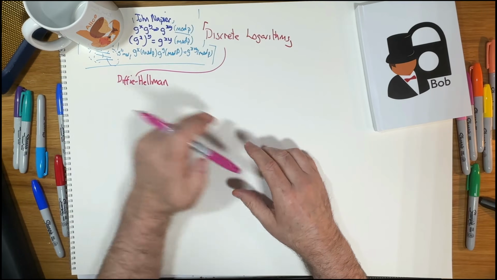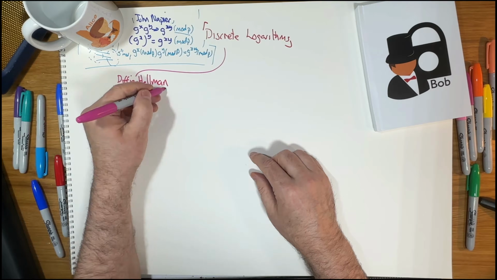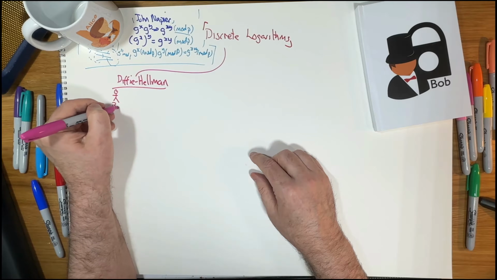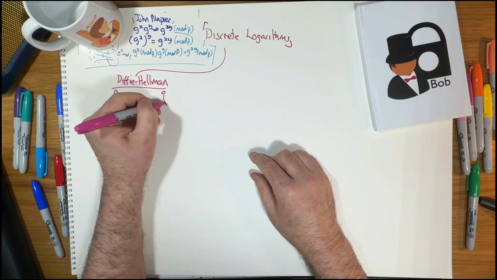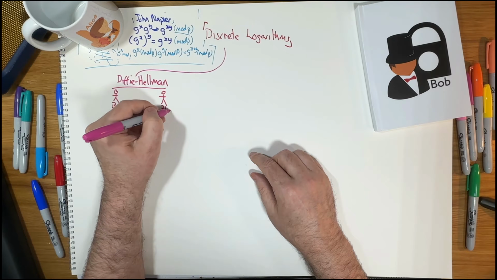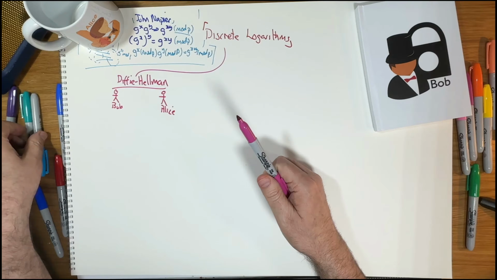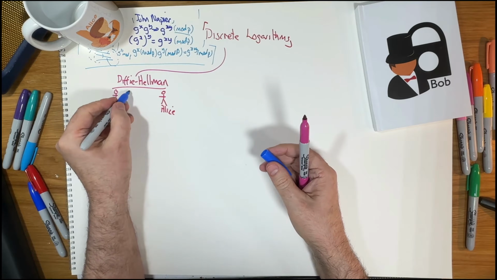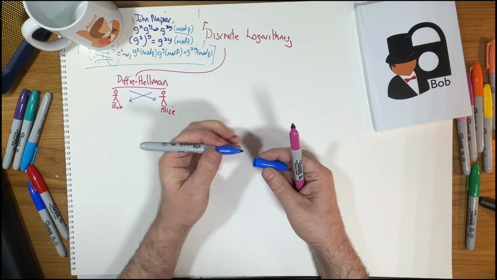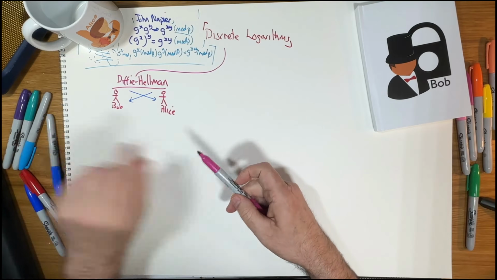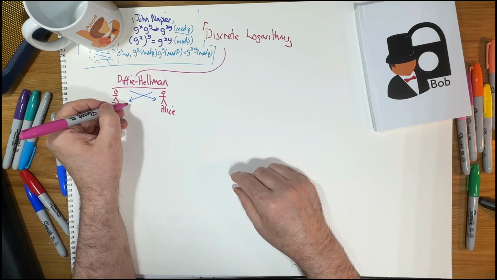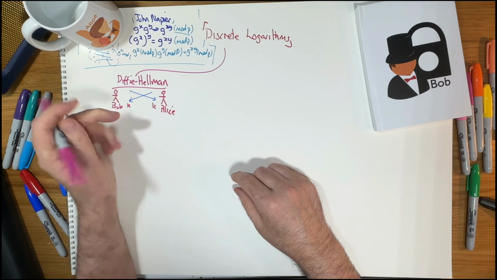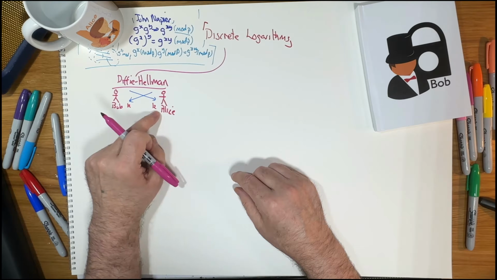And they proposed that it would be possible to have a key exchange method between Bob and Alice, where when we exchange values, then Bob and Alice will end up with the same shared secret value. Let's call that K, for K for an encryption key.